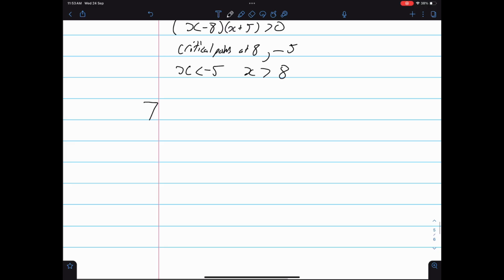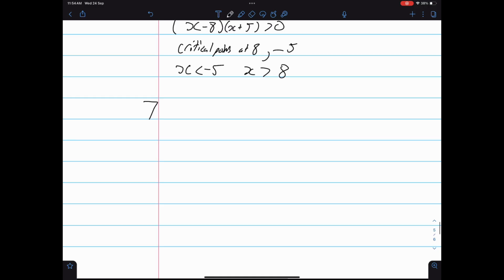Next, we have slightly harder inequalities. X over x minus 1 greater than or equal to 3. Now what we need to do here is be careful, because if we multiply by x minus 1, we don't know if it's positive, so we don't know if we have to change the sign.